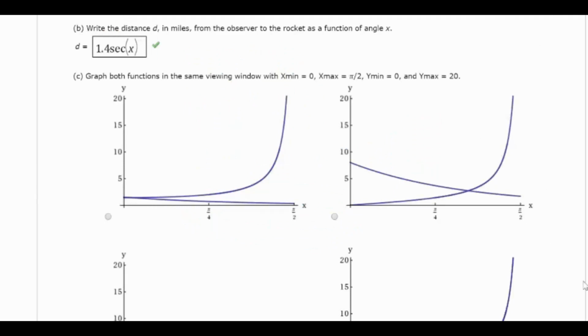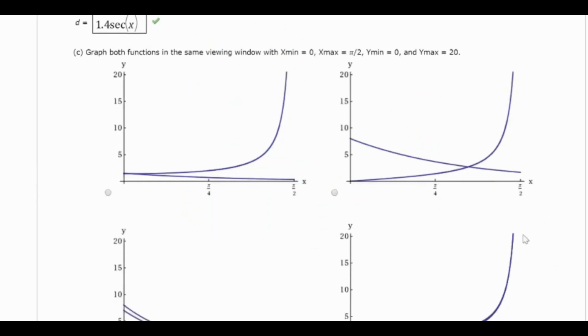As for part C, in WebAssign, you're asked to graph both functions in the same viewing window. Well, they're referring to a graphing calculator, which you could use in this problem. But I claim I can figure out the answer without a graphing calculator.